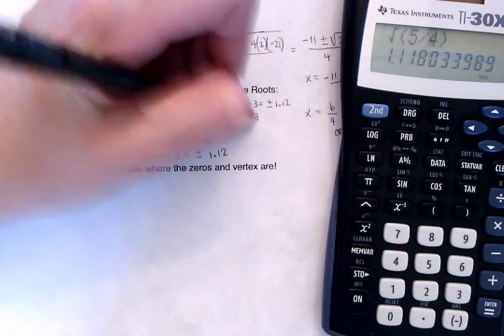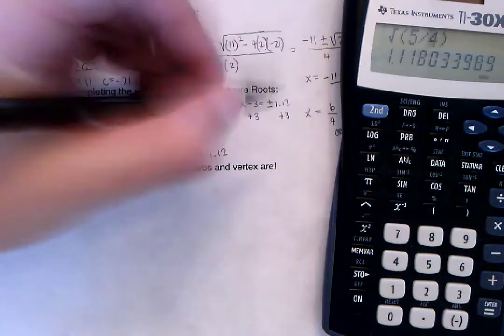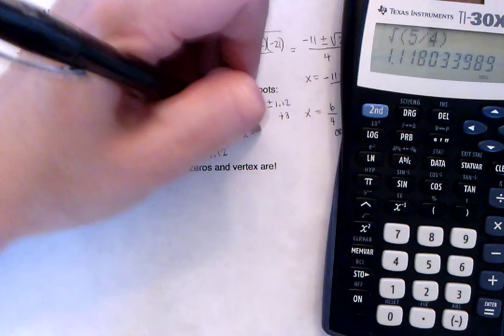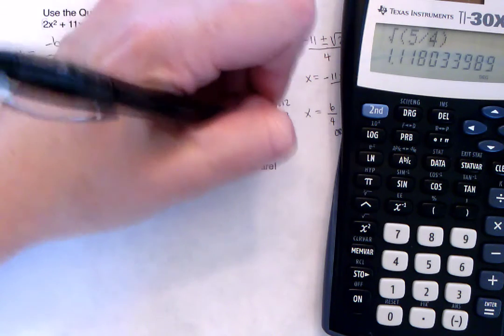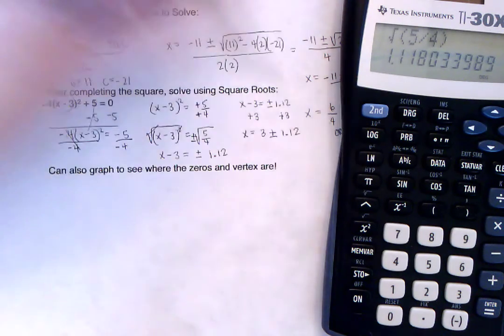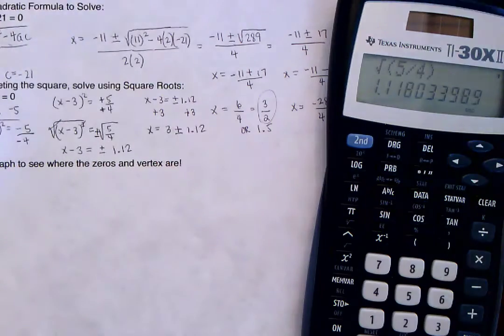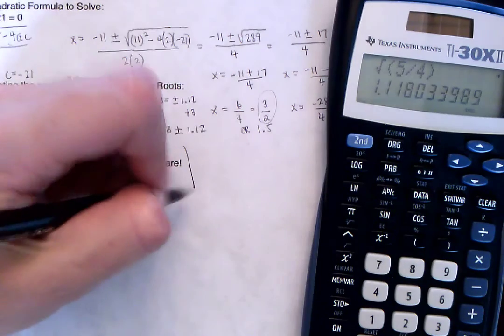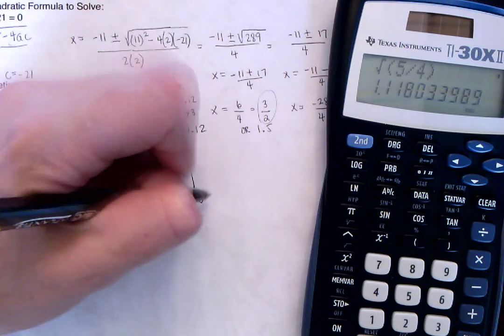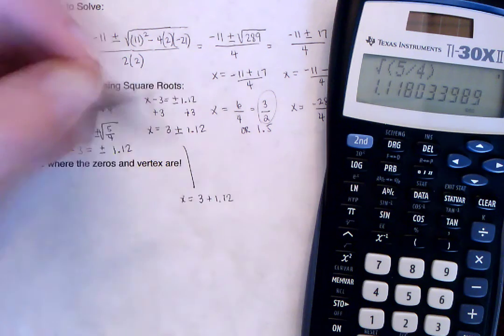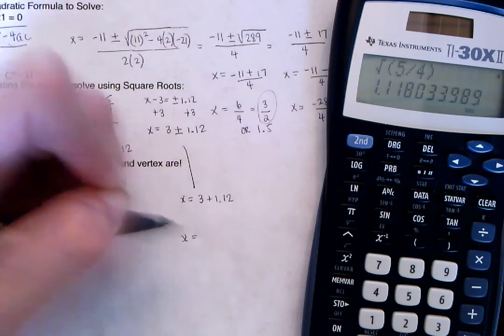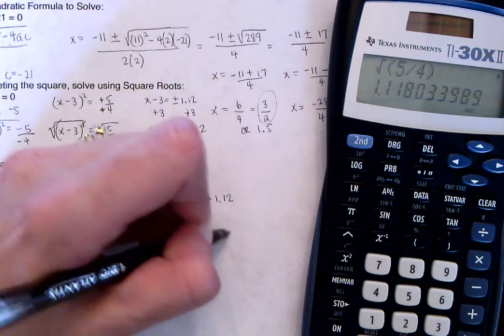So I'm going to add 3 to both sides. So my final answer is going to be 3 plus or minus 1.12. And again, that means I've got two answers here. That means I've got 3 plus 1.12 and I have 3 minus 1.12.